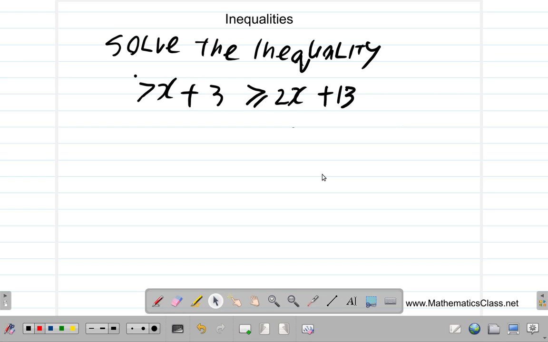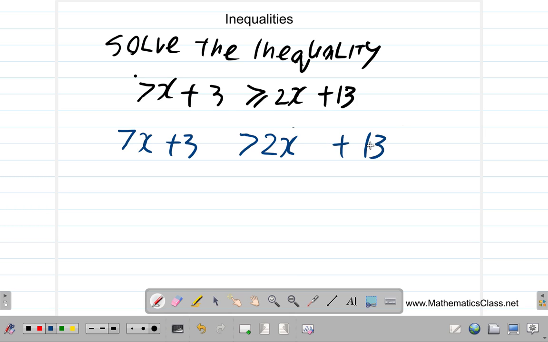Inequalities. Once again, here we're going to solve this inequality. Let me rewrite it down here. 7x plus 3 is greater than 2x plus 13.